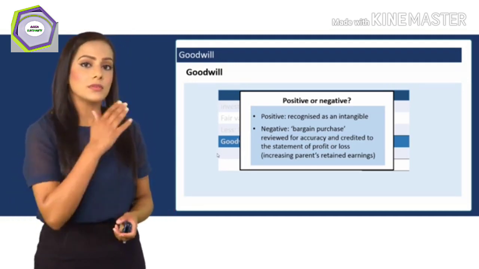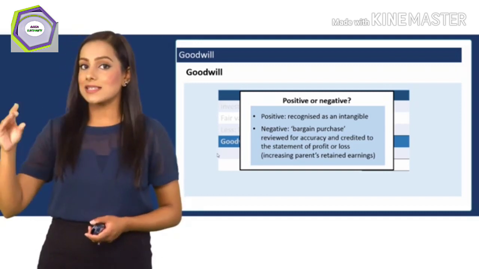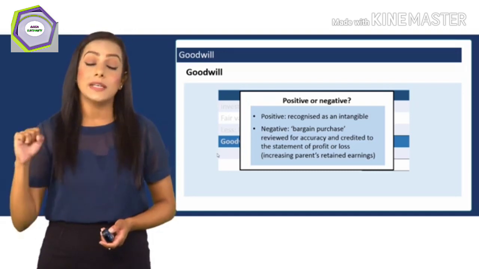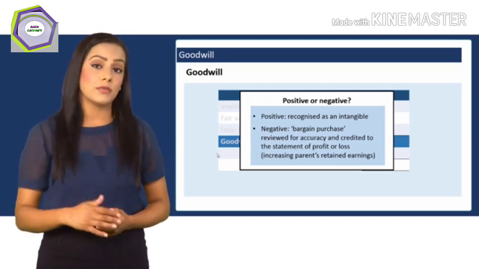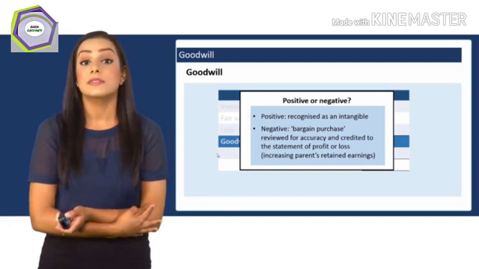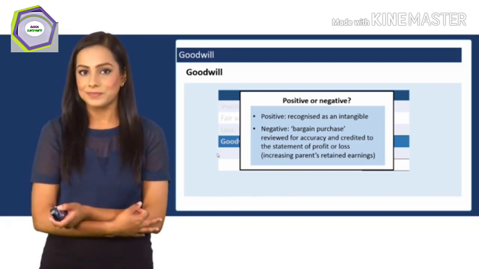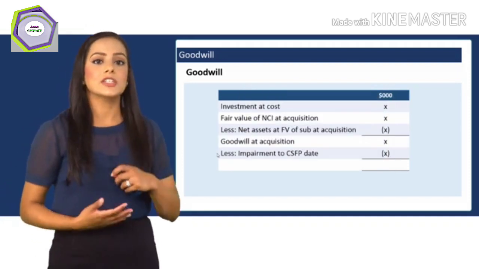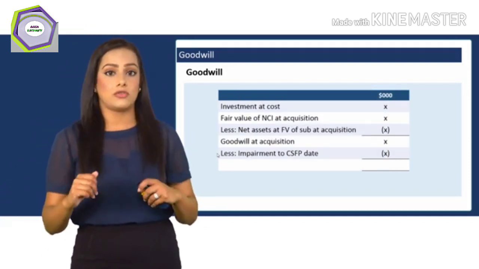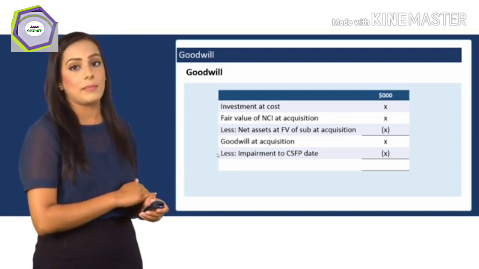So when you have a positive goodwill, you show it as an asset on the SFP. But a negative goodwill is going to be taken to the statement of profit or loss because it increases the parent's retained earnings. They've saved money. Now, once you've established the goodwill at acquisition, if the subsidiary has suffered an impairment during the year, you will take away the impairment.